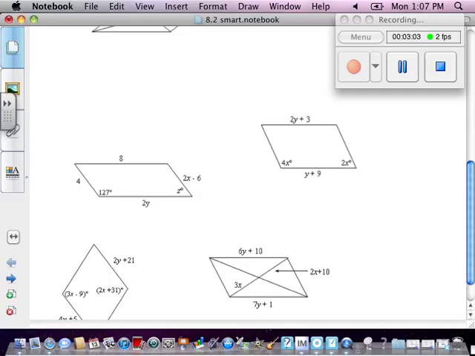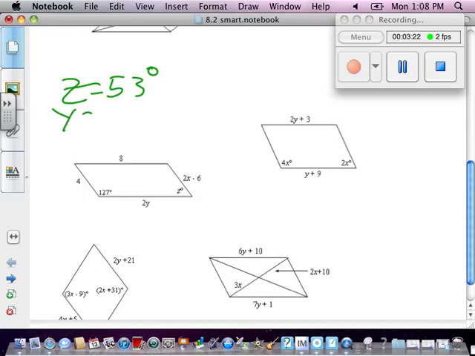What is z? Z is 53 degrees, and we know that because of theorem 8.5. The consecutive sides have to be supplementary. Okay, what else do we want to find? Y is 4. Why is y 4?